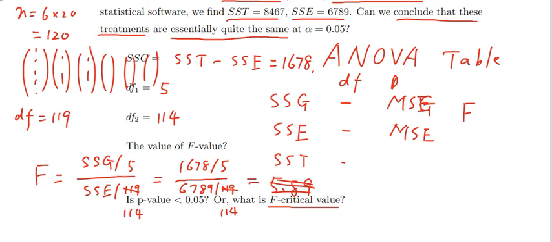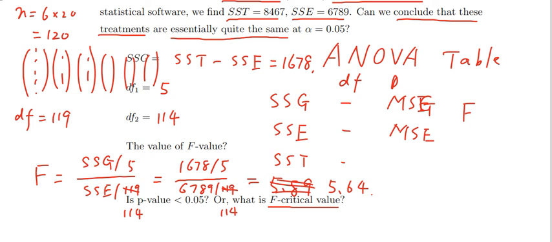So 6789 divided by 114 equals 5.63 or 5.64. So it was just a calculation issue.